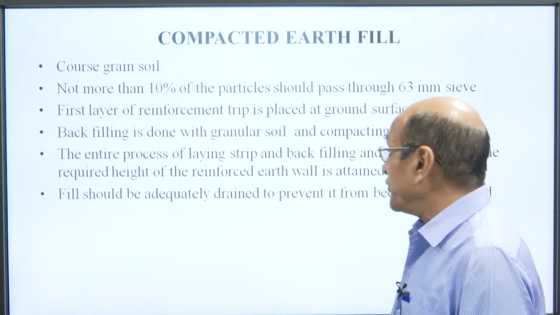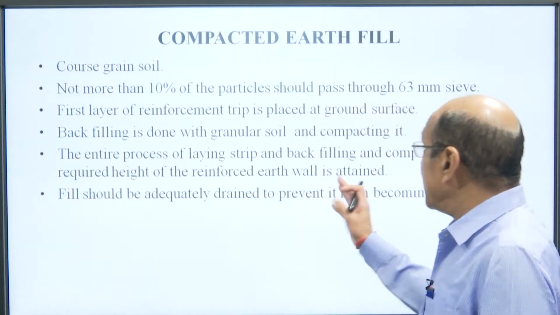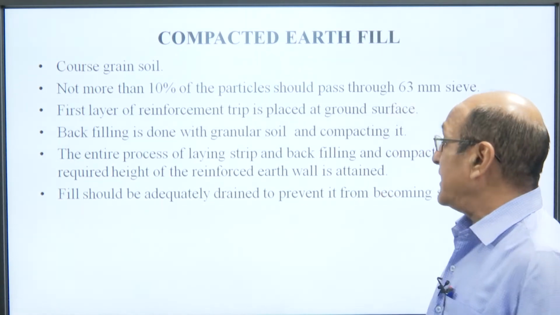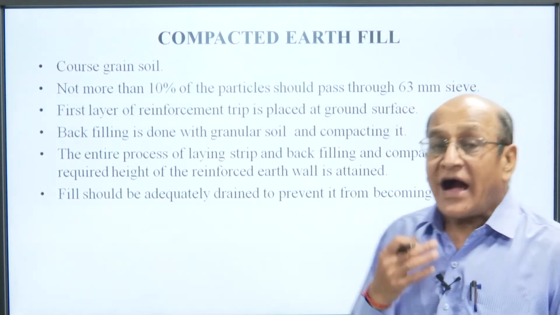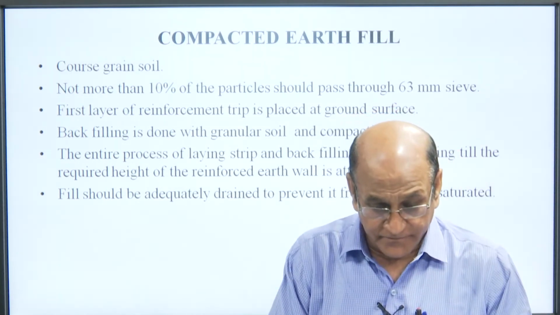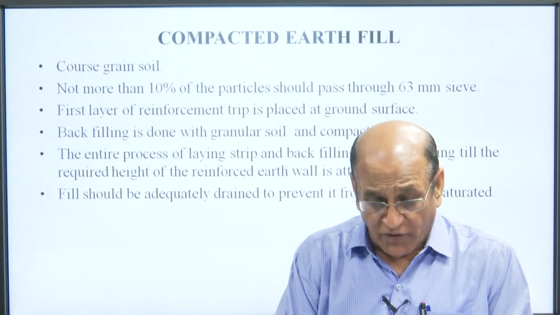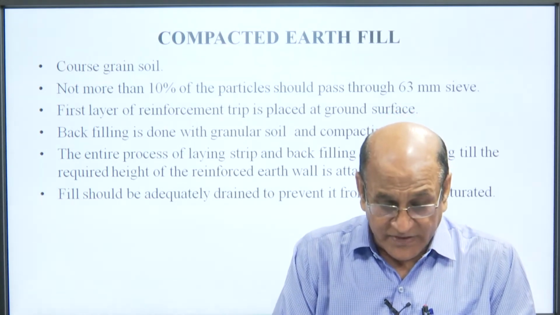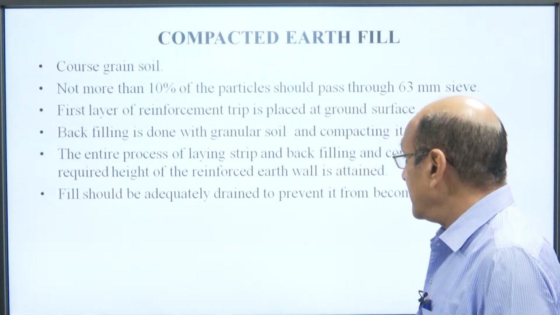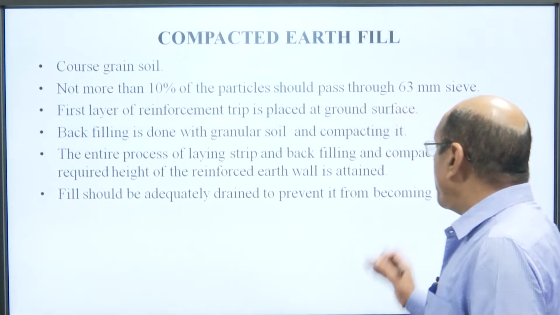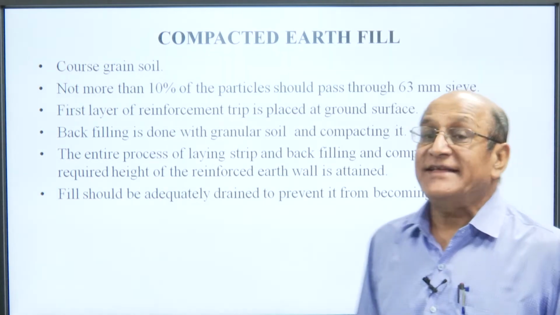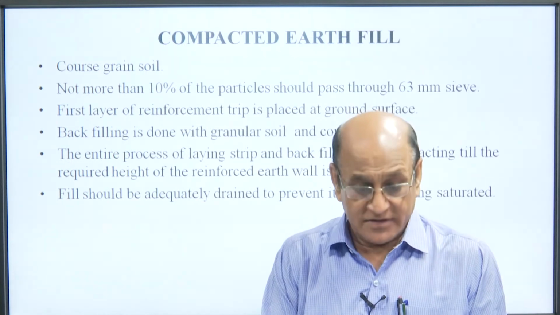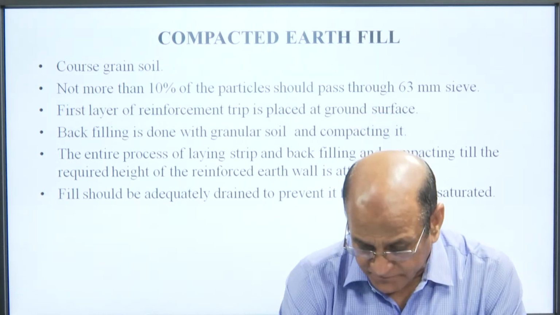The entire process of laying a strip, backfilling and compacting continues till the required height of the reinforced earth wall is attained. The fill should be adequately drained to prevent it from becoming saturated soil. So, this is the compacted earth fill.